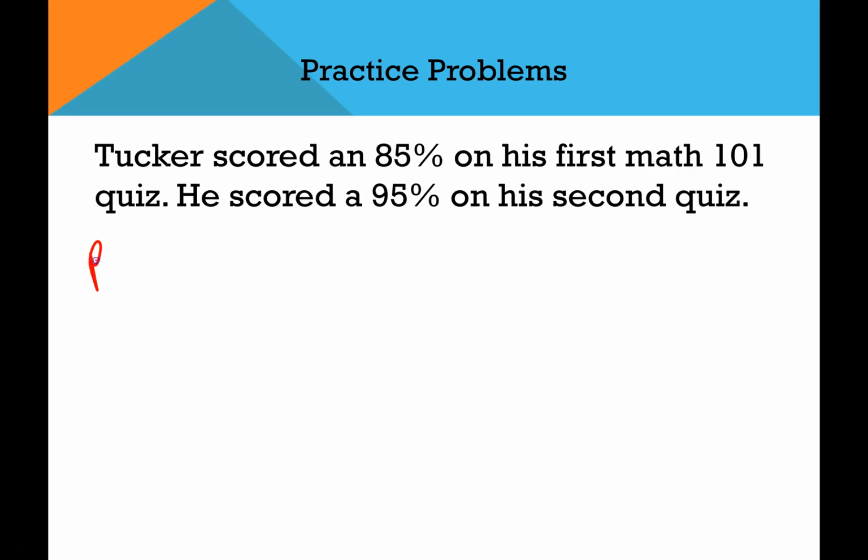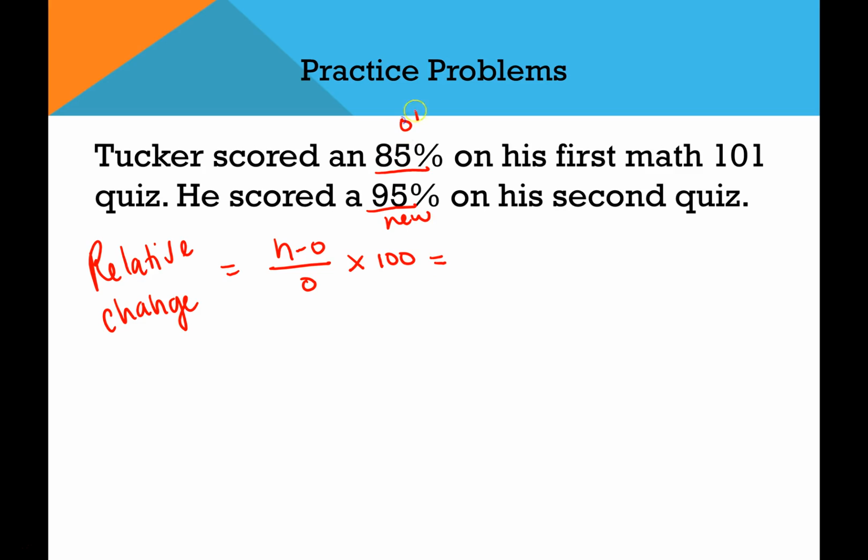Well, let's find the relative change. That's going to be equal to new minus old over old times 100. So my 95% is my new, my 85% is my old. So this is going to be 95 minus 85 divided by 85, and then we're going to multiply that by 100.